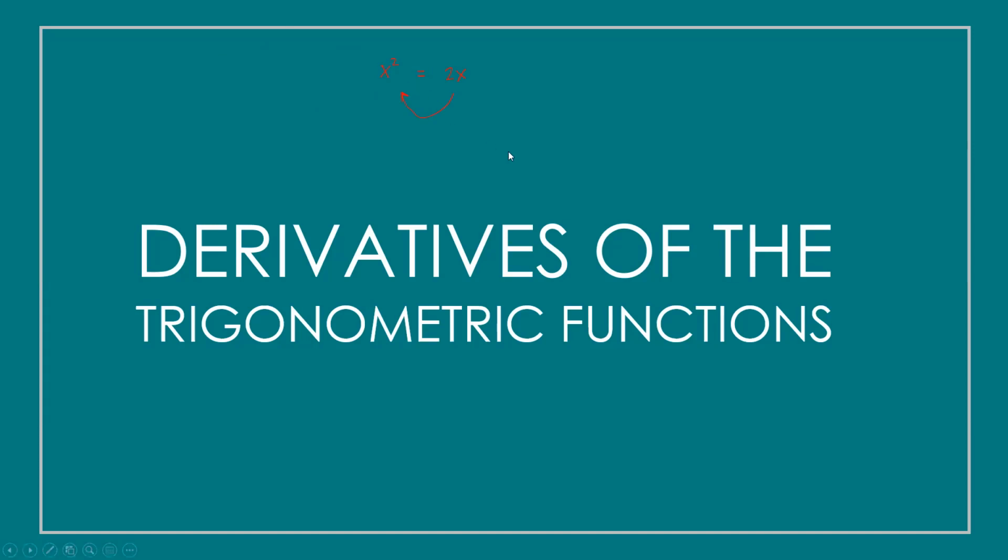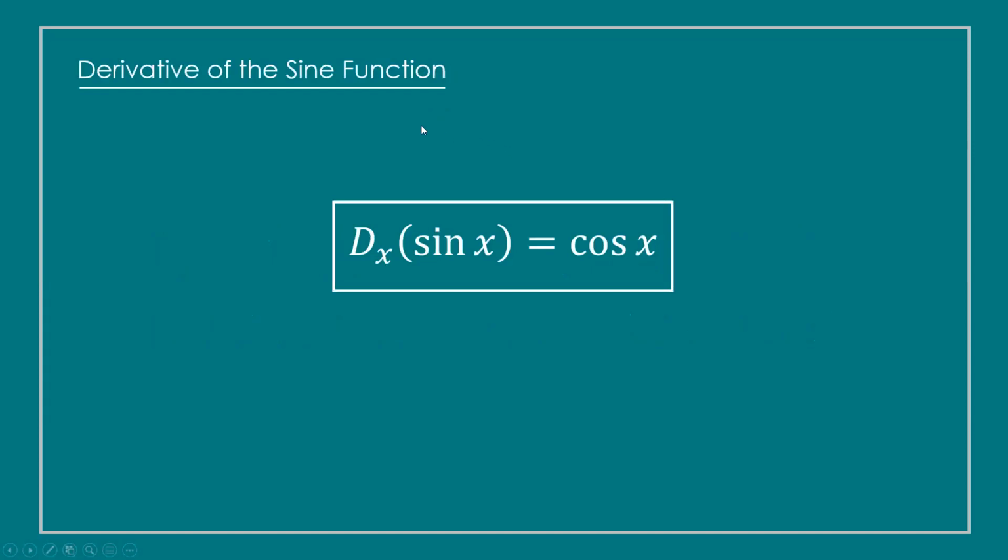Okay, so for the derivative of the sine function, the derivative of sine is just cosine. Another way of writing this is d over dx of sine x is equal to cosine x.